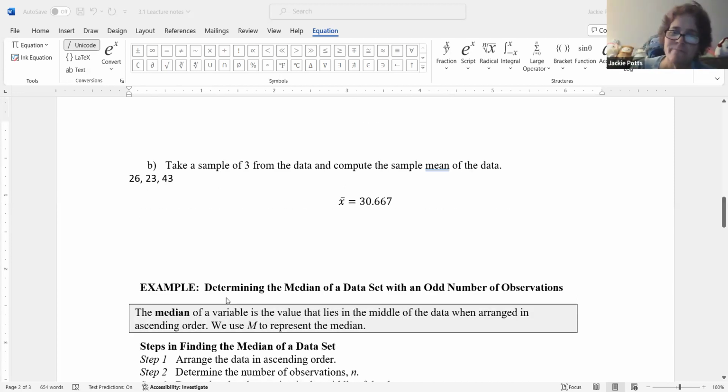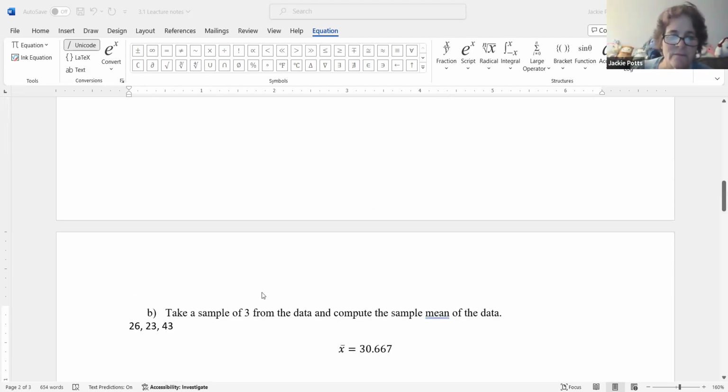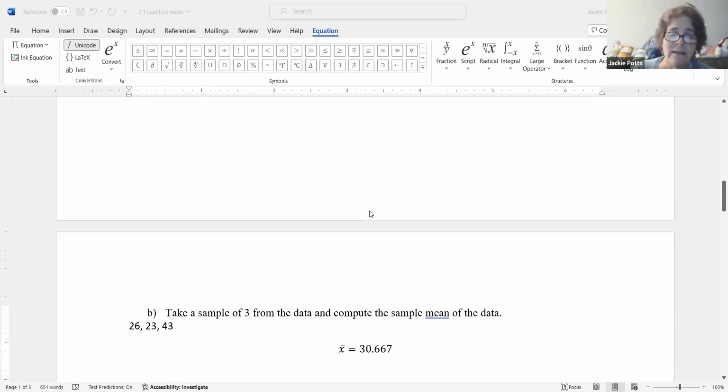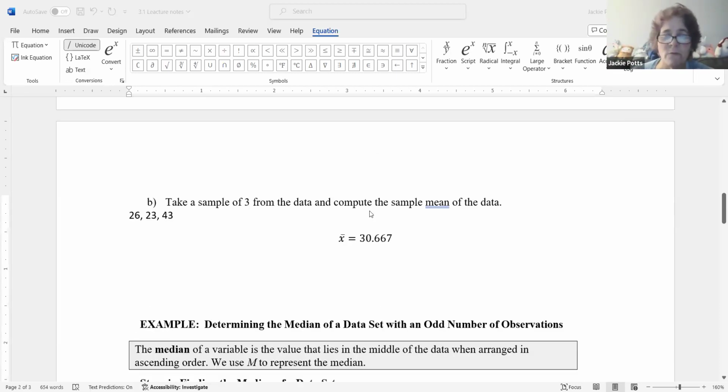All right. So we've done it twice now by hand. So let's talk about StatCrunch. To do StatCrunch, we want Stat, summary stats, columns.